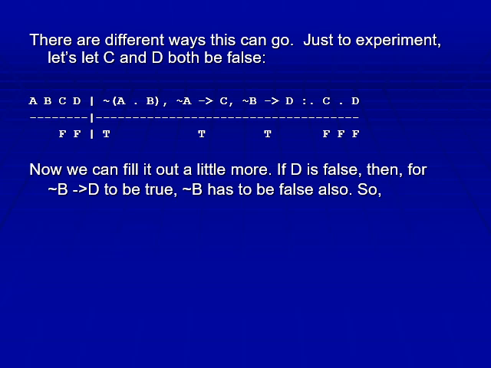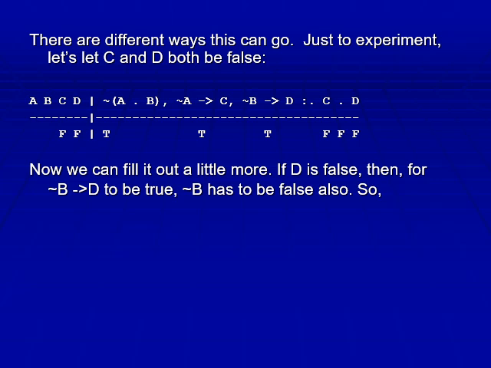If D is false, then for if not B, then D to be true, not B has to be false also. We don't want not B being true and D false. That doesn't work for a material conditional. Not B is going to have to be false if D is false.